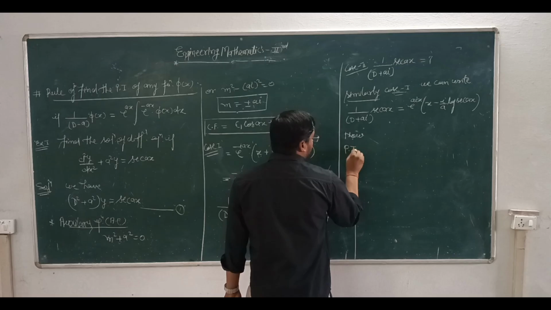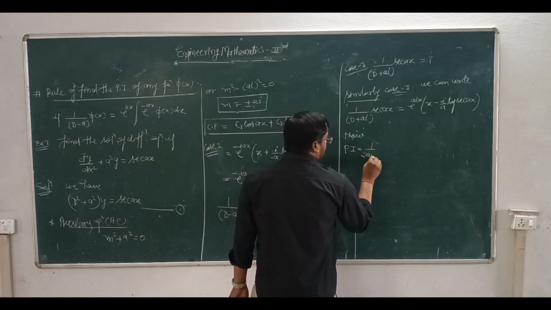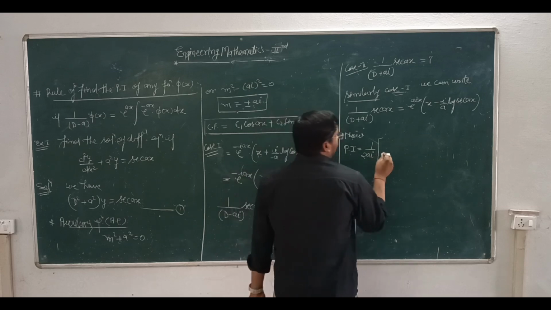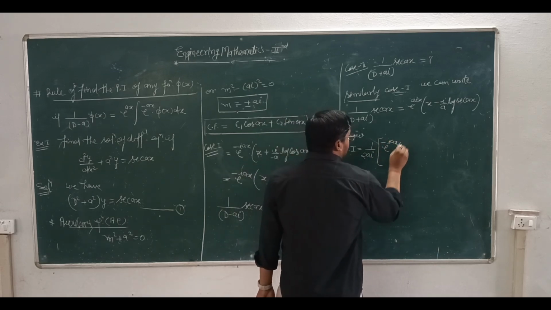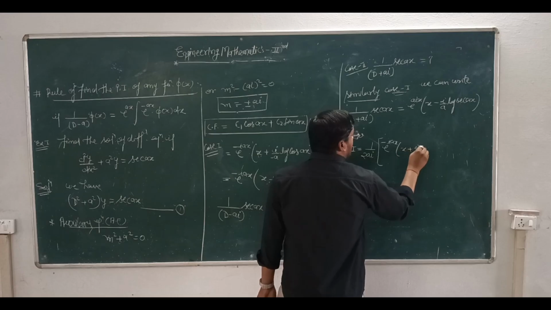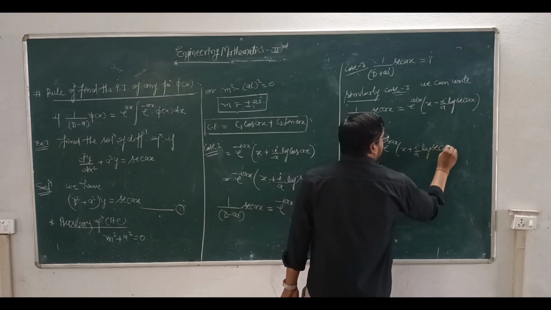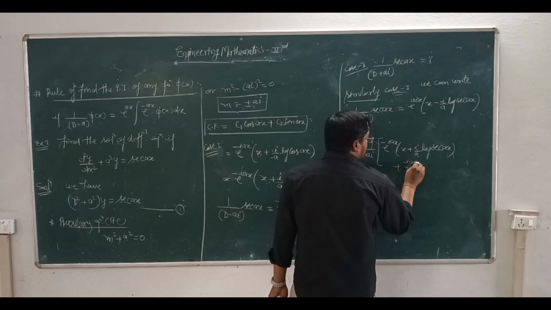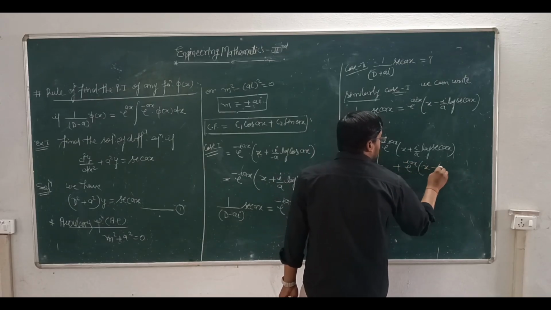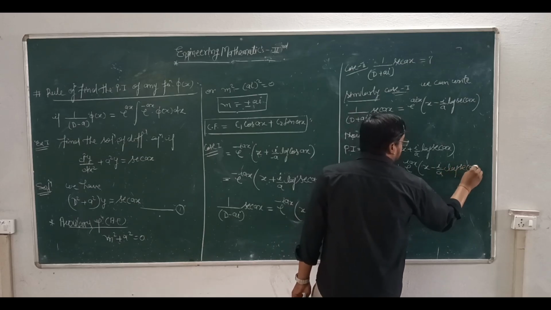Now PI is equal to 1 upon 2ai bracket e to the power minus iax bracket x plus i upon a log sec ax plus e to the power iax bracket x minus i upon a log sec ax.